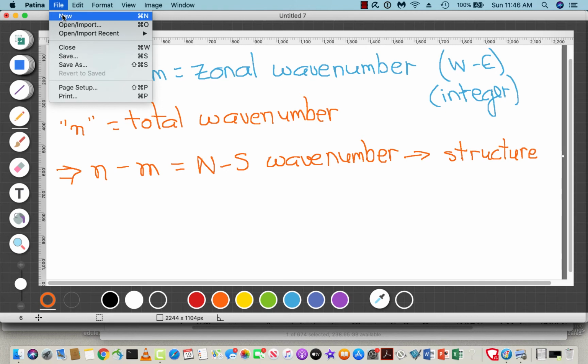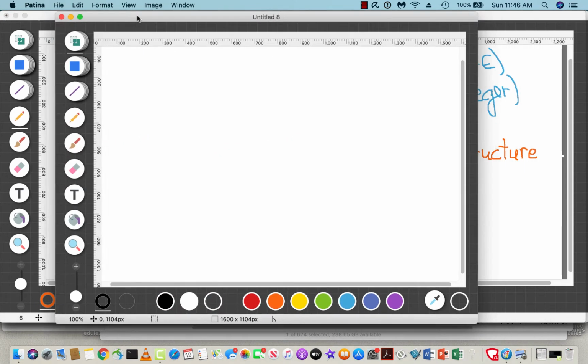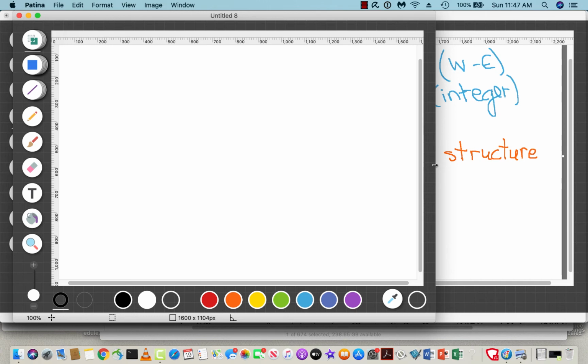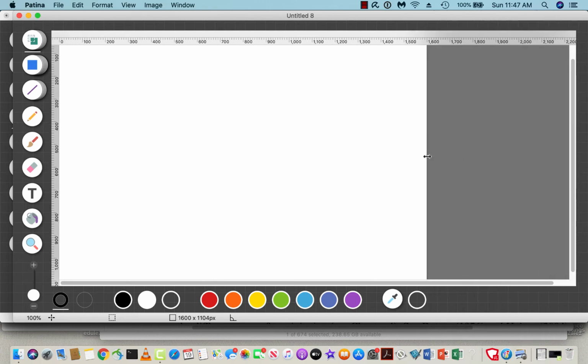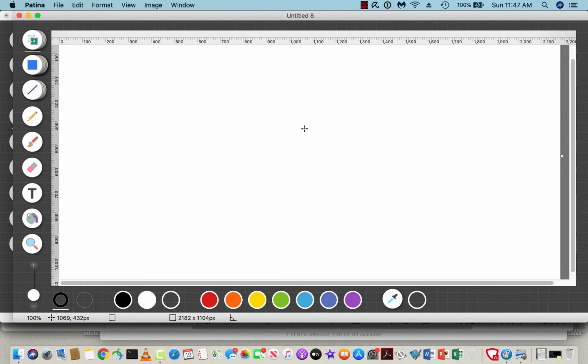So let me show you a couple of examples of what the structure might look like here in our assumed piece. Let's go orange now. Let's suppose we're going to let m equals 2 and n equals 3, which implies that n minus m equals 1.